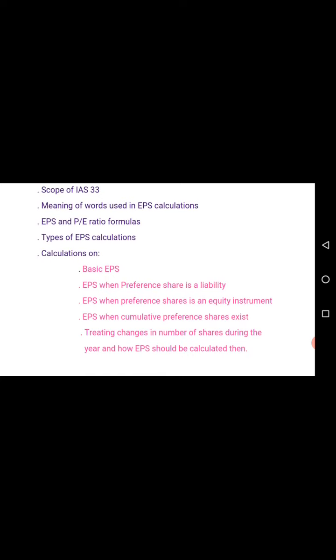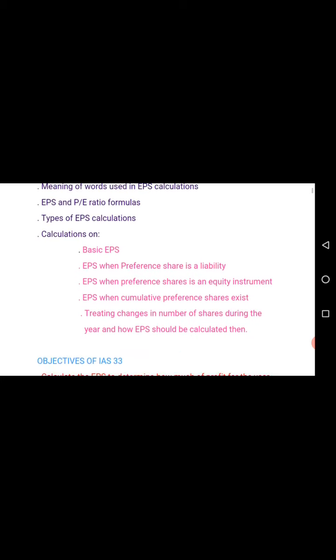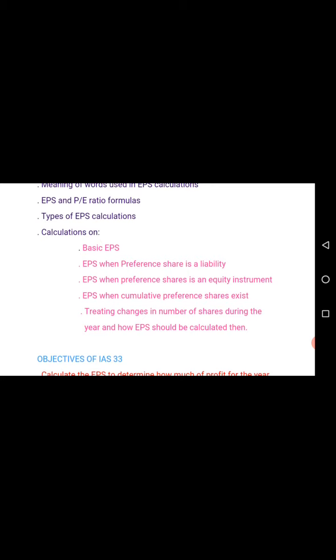Also EPS when there is cumulative preference shares, and treating changes in number of shares during the year, that's during the accounting period, and how EPS should be calculated then.